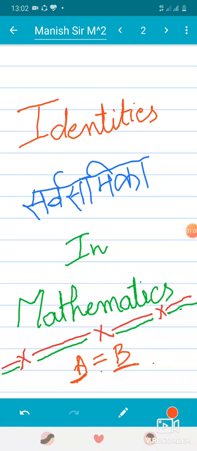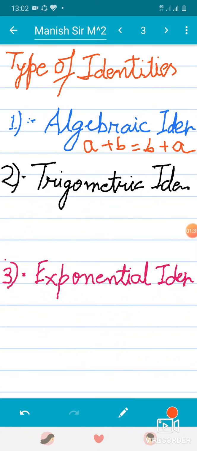In other words, we could say that a equal to b is an identity if a and b define the same function, and an identity is an equality between functions. By this we mean the value of expression a and the value of expression b are always the same for all variables. So, discussion about the types of identities.